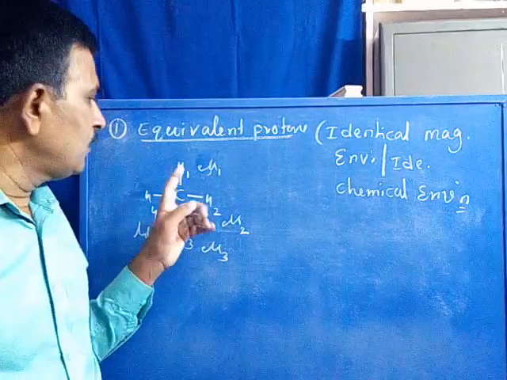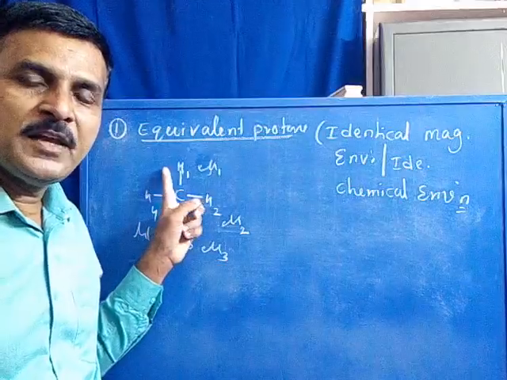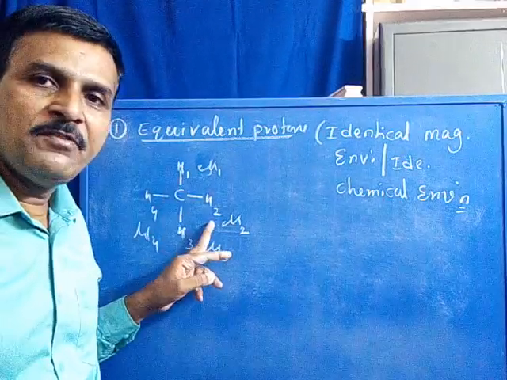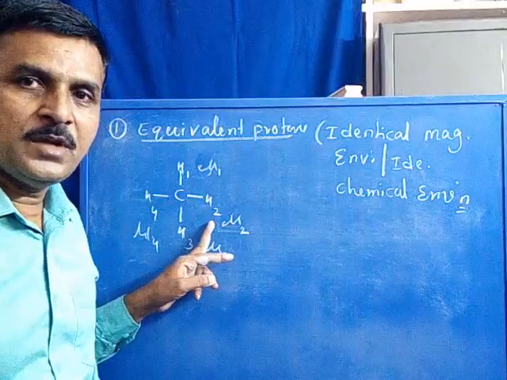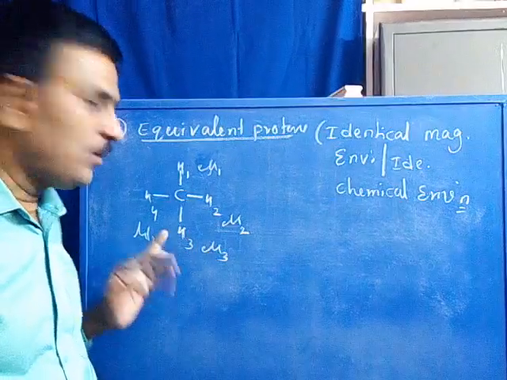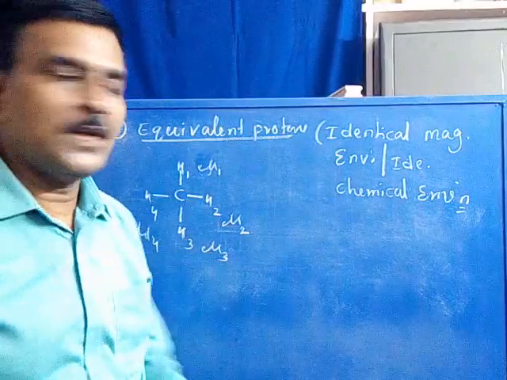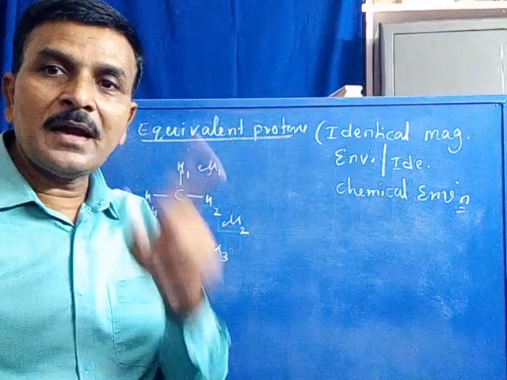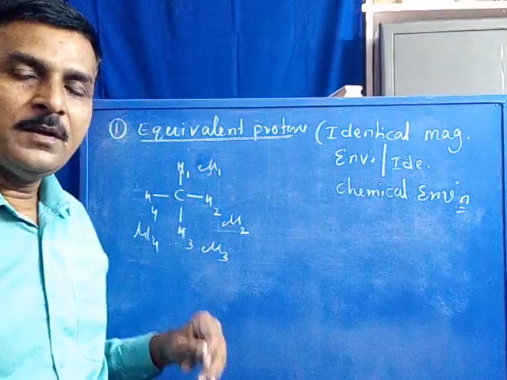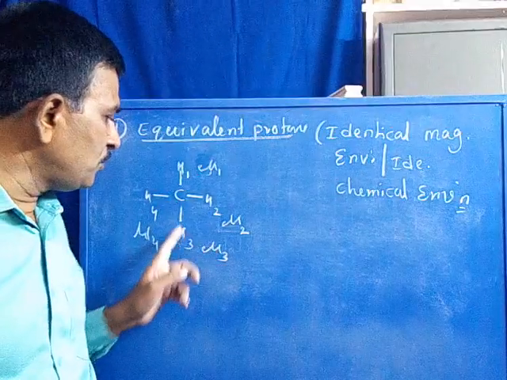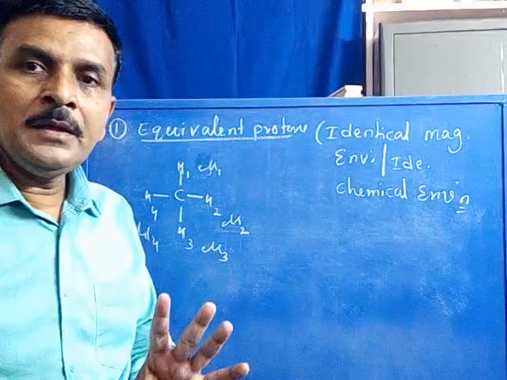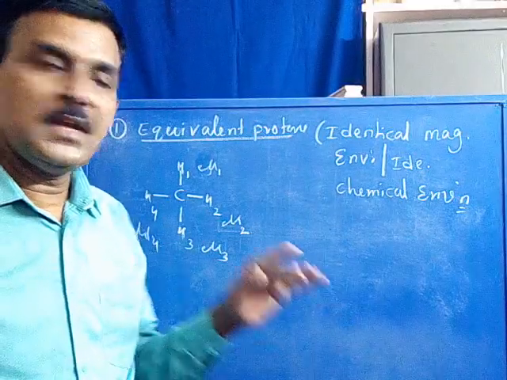Is it clear? So the magnetic field produced by H1 hydrogen is exactly equal to the magnetic field produced by H2 hydrogen as well as H3 and H4 hydrogen. So the 4 hydrogens are under identical magnetic environment because all the hydrogens have equal electron density.